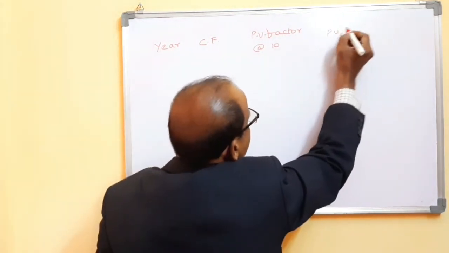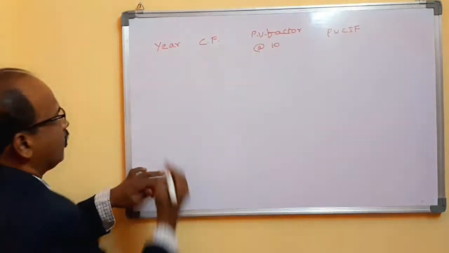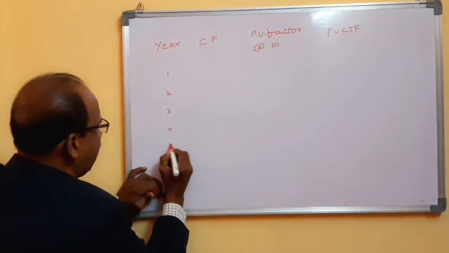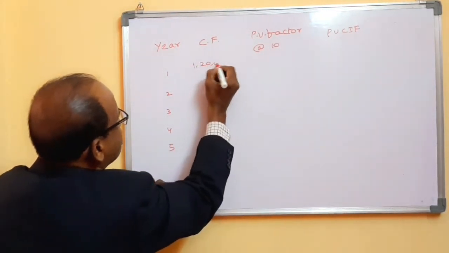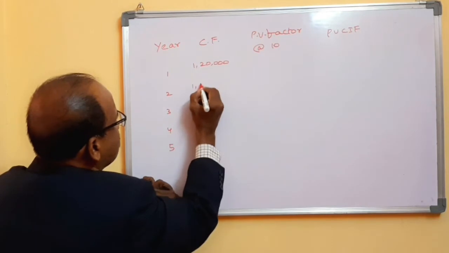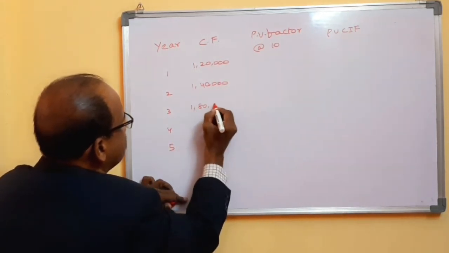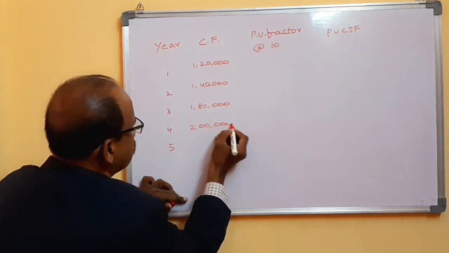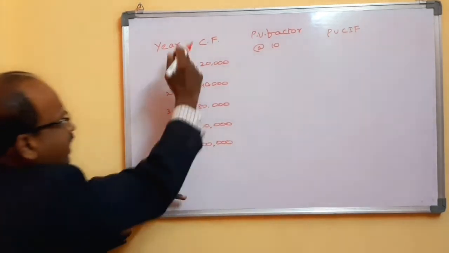And present value of cash inflows. Here 1, 2, 3, 4 and 5. Cash flows 1,20,000, 1,40,000, 1,80,000, 2 lakhs and 3 lakhs. This is the cash flows.